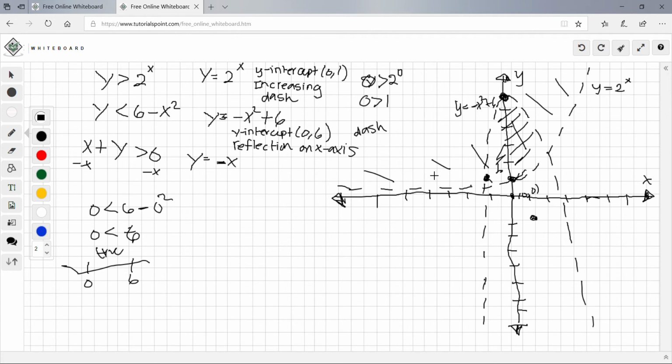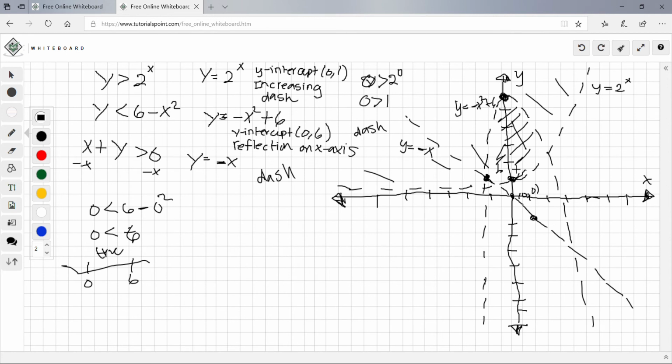And we said this is going to be dashed because there's no equal sign, so it will look something like this. We will call this y equals negative x.